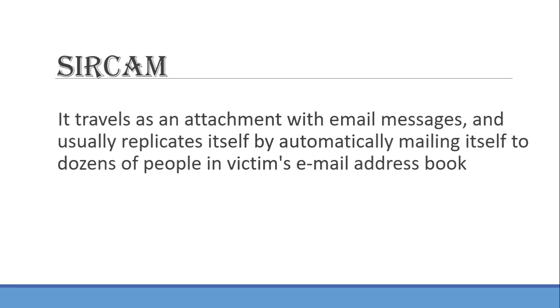And from this address book, it automatically emails itself to dozens of people, right? Because it replicates, it produces its own exact copy, and it travels as an attachment with the email message. So the virus that is specifically related to emails is known as Sircam.